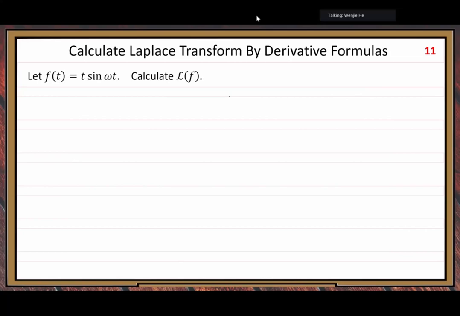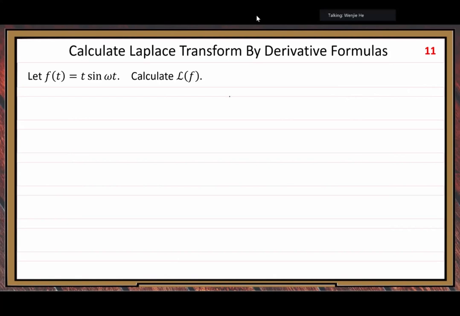For this kind of question, usually we may have several methods. For the same question, usually we have more than one method to calculate.